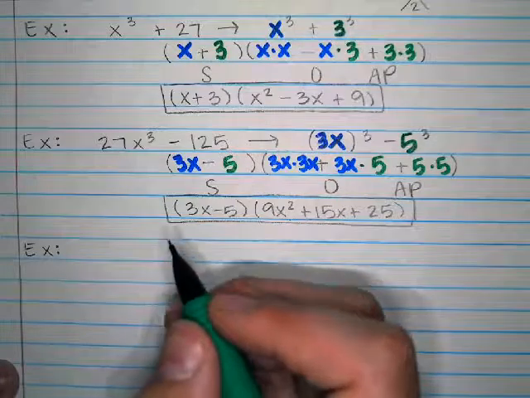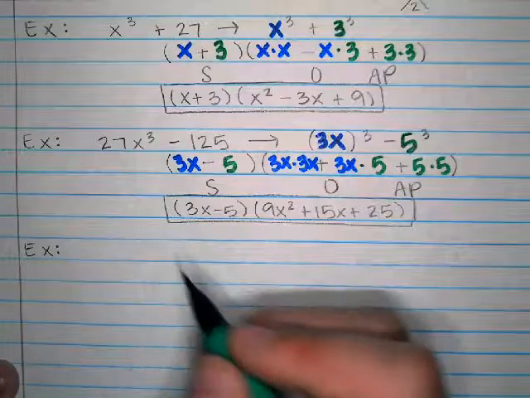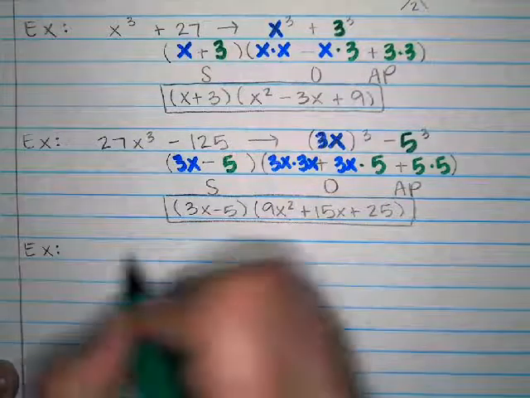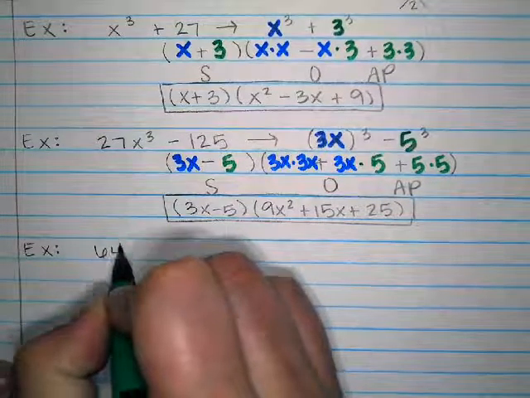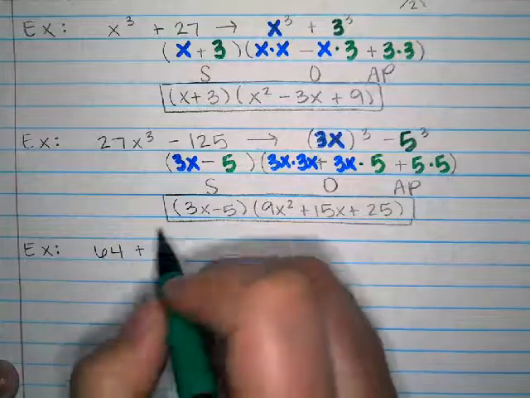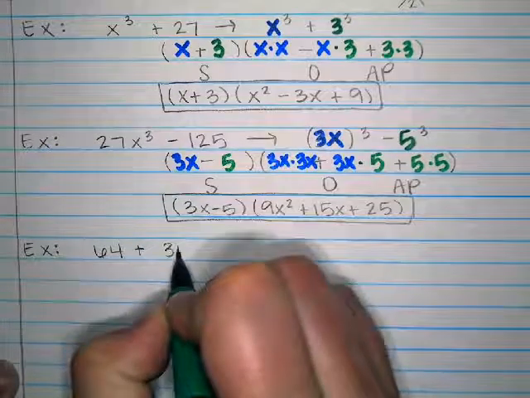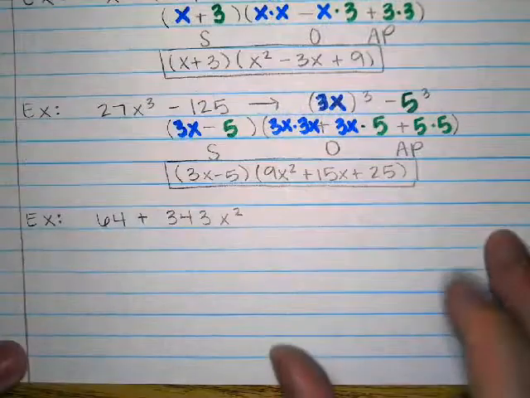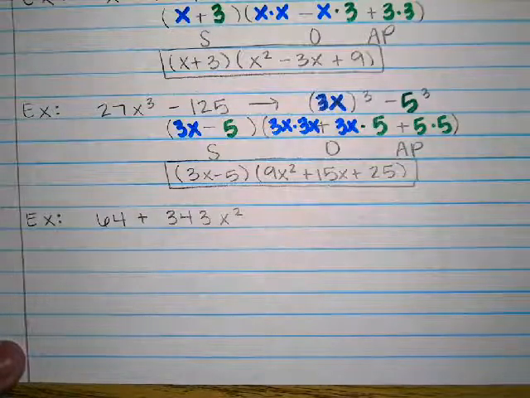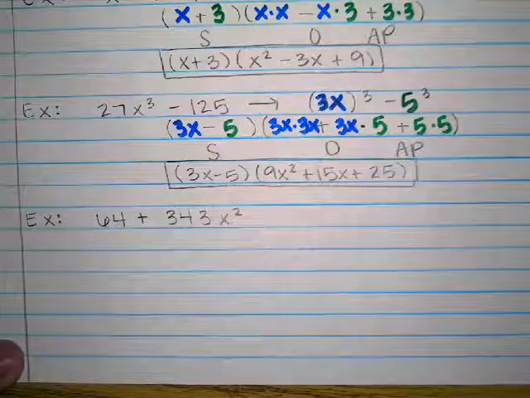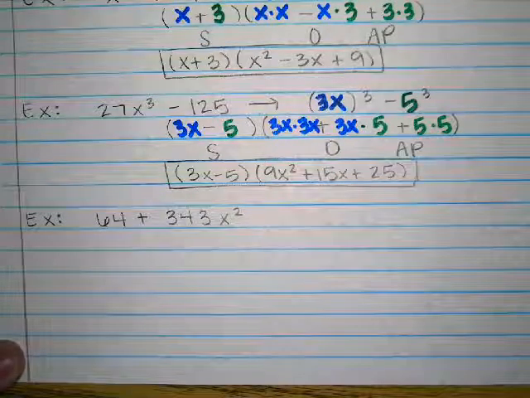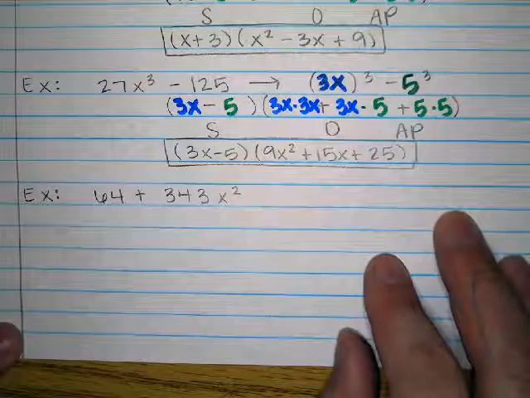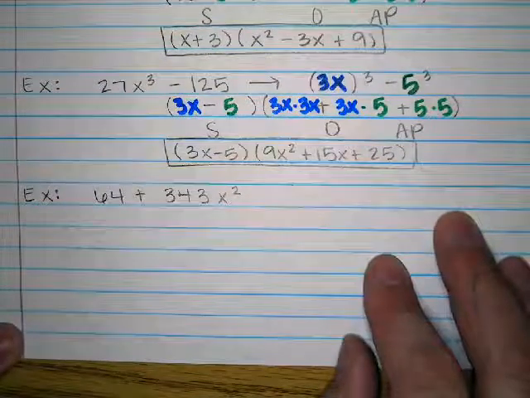Okay, let's try 64 plus 343x squared. Do we like it that they wrote it in that order?